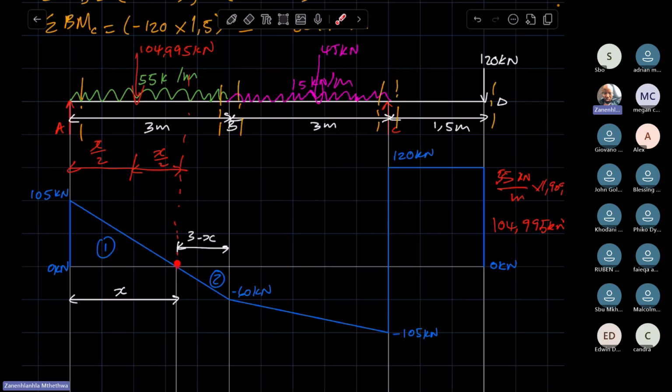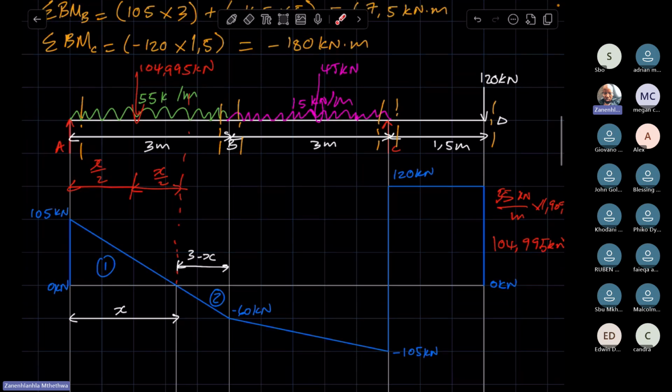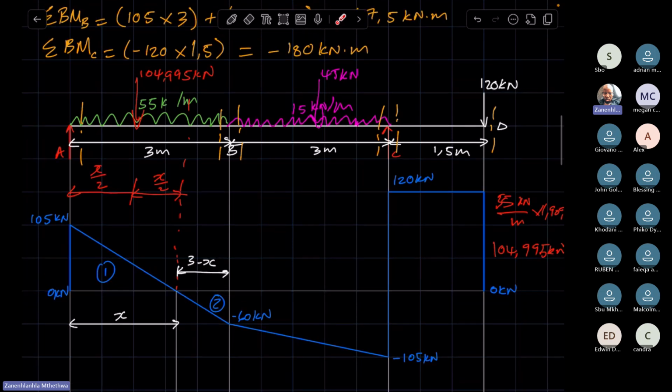Hence, we need to calculate the bending moment at that point. We already had calculated the bending moment at critical point B, and at critical point C. So we didn't necessarily need to revisit those.